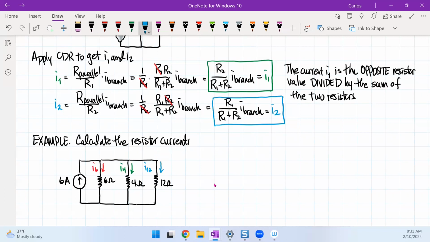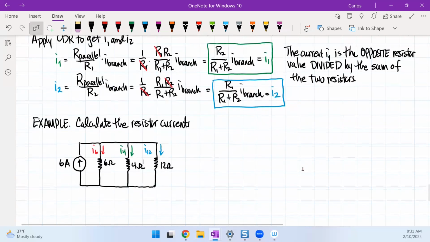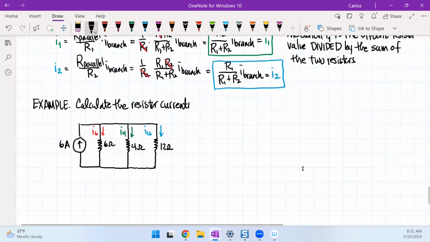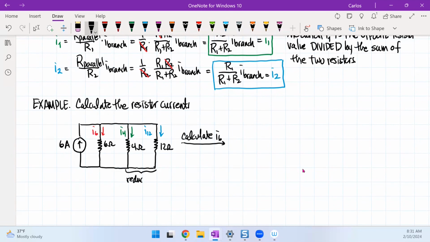So let's calculate current 6. What I want to do here is calculate I6. So the first thing that we do here is that we reduce this circuit. If we reduce this, this tells us that this will be 4 parallel to 12.